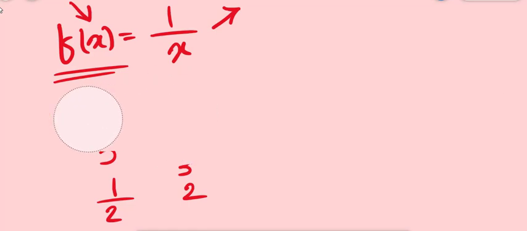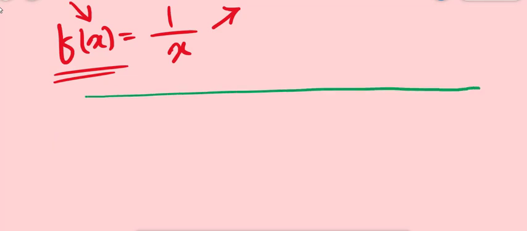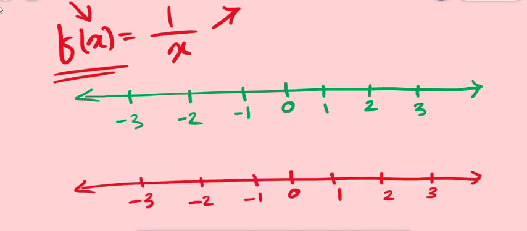Now I will draw two lines. One is an input line and one is the output line. Let's draw two number lines. Let's assume the green line is the input and the red line is the output or the result.